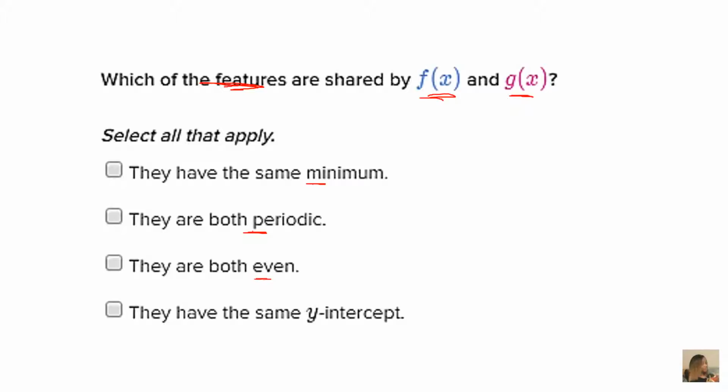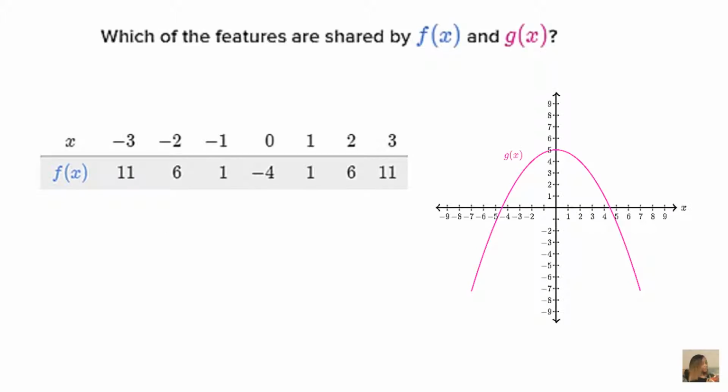They're both even, and they have the same y-intercept. So let's see. The best way to approach this type of problem is to examine each option one at a time. There's no special magic trick. You just work through each option strategically, one by one, not wasting any time.